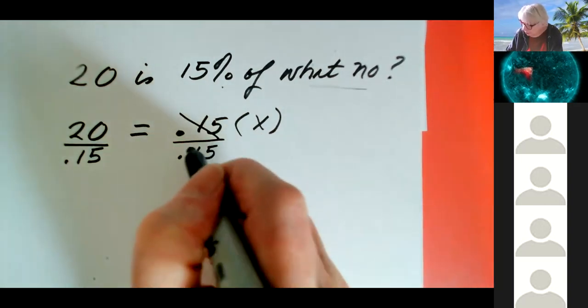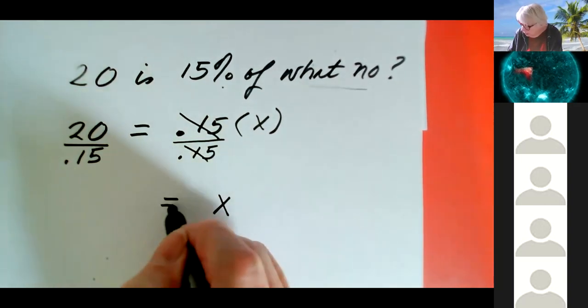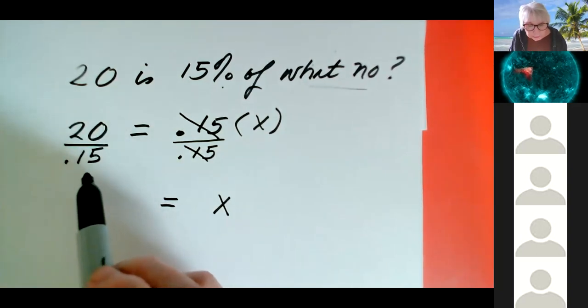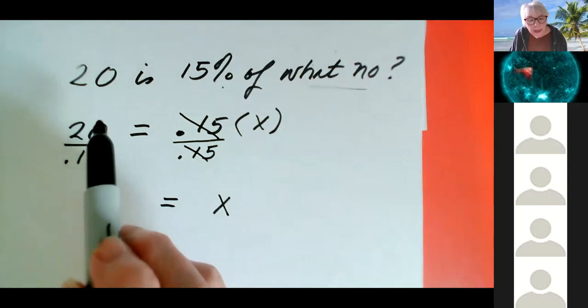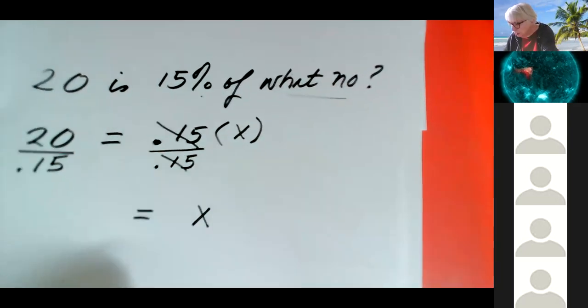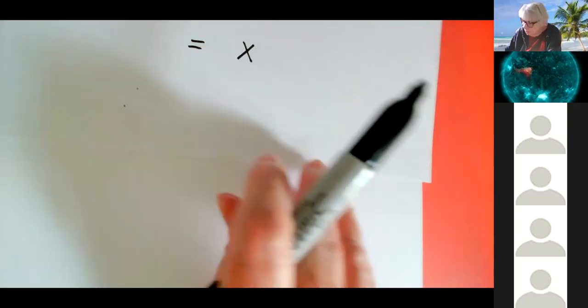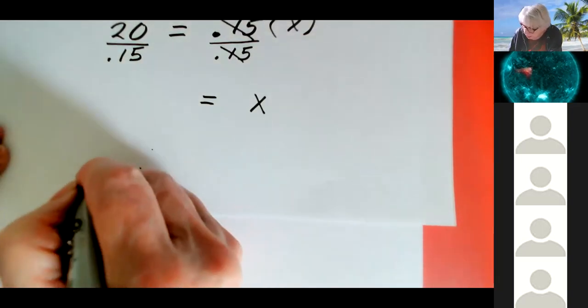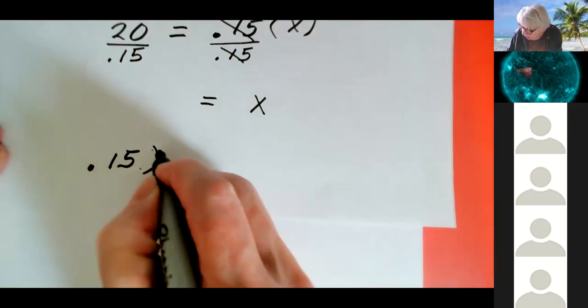The whole problem becomes, can I turn this into a number? Okay. So I've got an answer. I just don't have it in simplest form. And so let's see what we have. If this particular problem was 20 divided by 0.15, the 0.15 would be here.